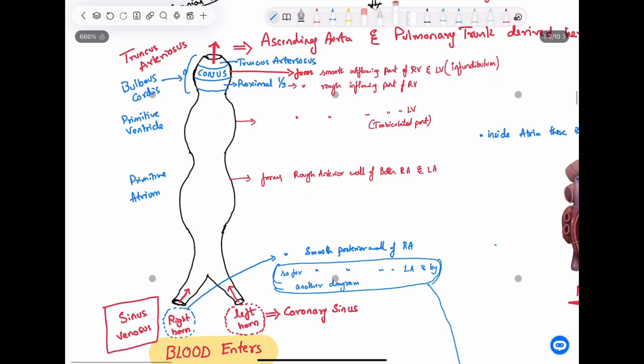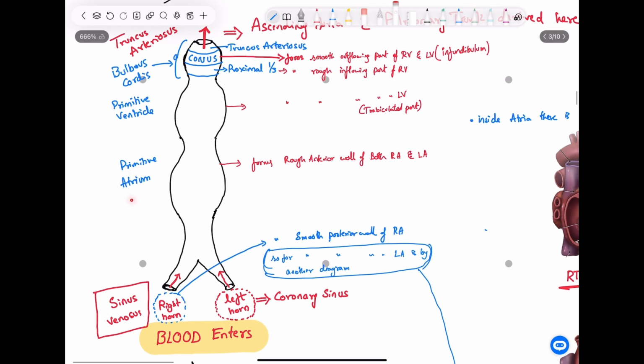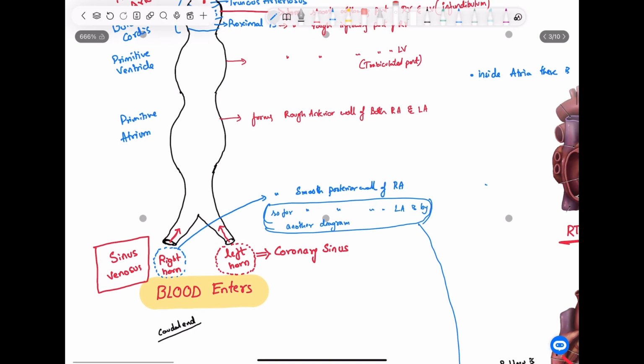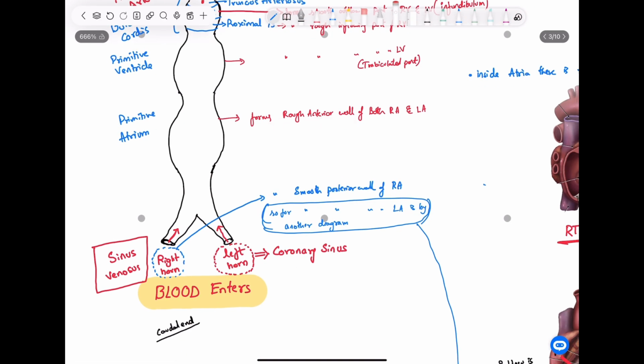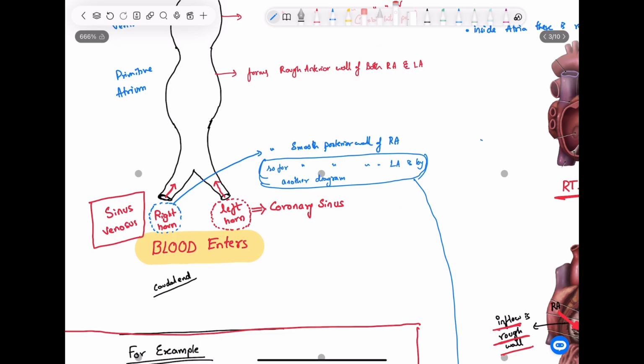Likewise, the primitive ventricle forms the rough inflowing part of the left ventricle. The inflowing part is rough here also. The primitive atrium forms the rough anterior wall of both the right atrium and left atrium. And this end is called the sinus venosus, and it has two horns: a right horn and a left horn.